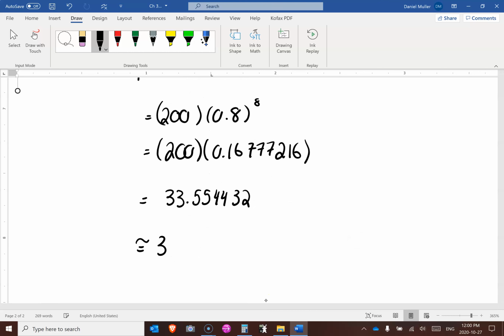We can round this to 33.6. I don't know what decimal place to use. Meters. That's how high my eighth bounce is, my ninth term.